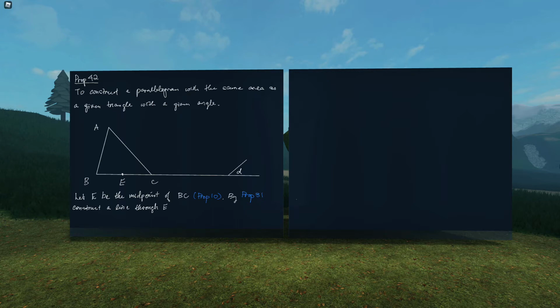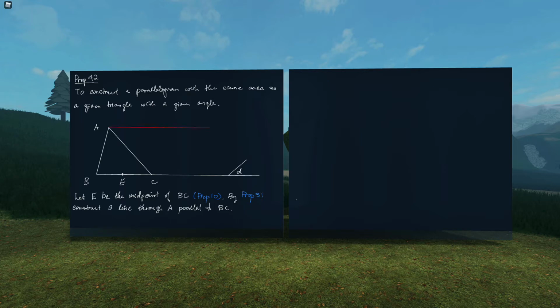Proposition 31 actually allows you to construct a line through a given point that's parallel to another line. So what I actually meant to say was I'm going to construct a line through A parallel to BC. I'm doing this in a slightly different order than in the Euclid text because I'm trying to name things consistently here.